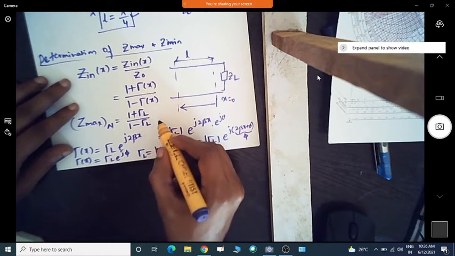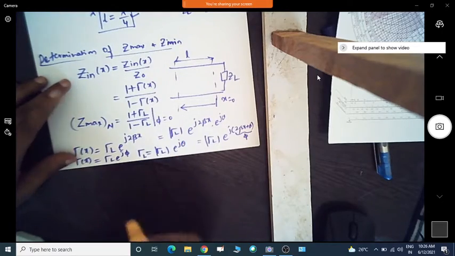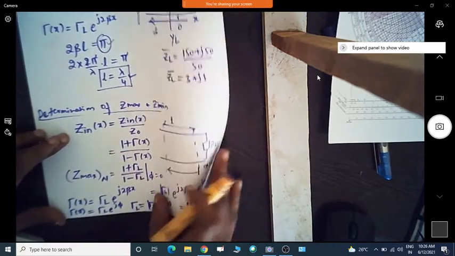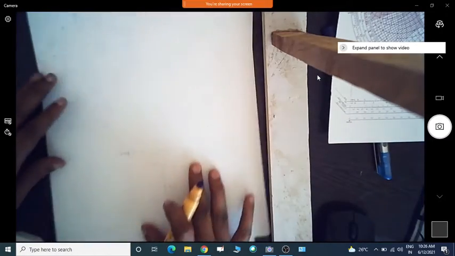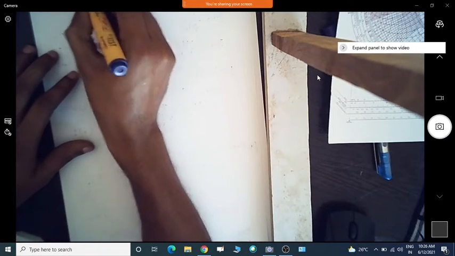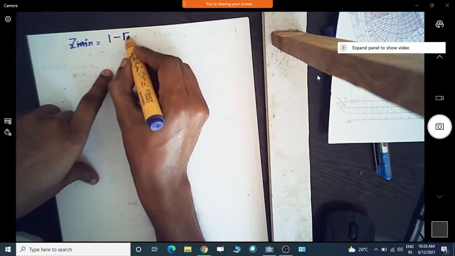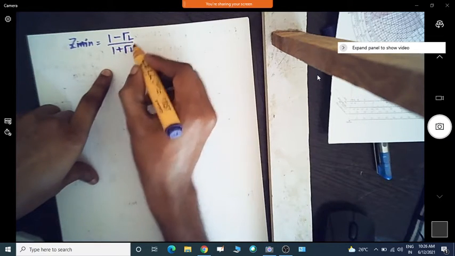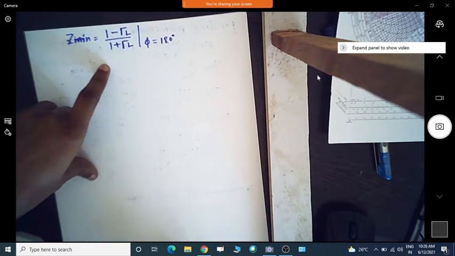That occurs when phi equals 0. Similarly, Z minimum occurs whenever we have phi equal to 180 degrees, that is, (1 minus gamma L) divided by (1 plus gamma L). So this occurs at phi equal to 180 degrees.